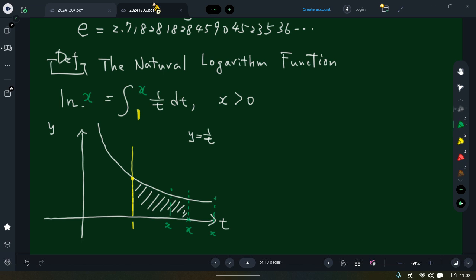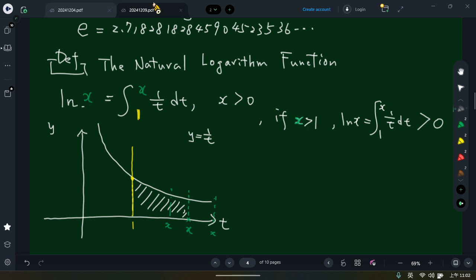So if x is larger than 1, that means x is on the right hand side of 1, then when you calculate ln x, it will be the integral from 1 to x of 1 over t dt. It should be positive, right?